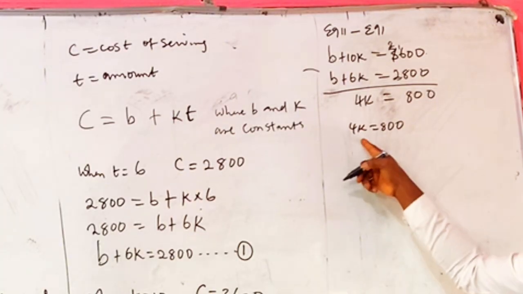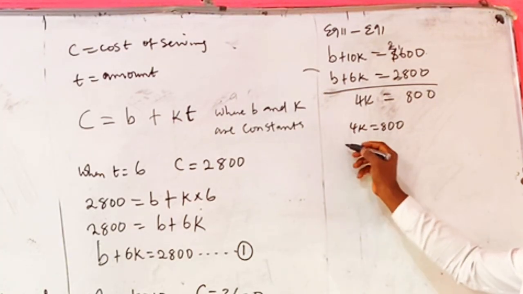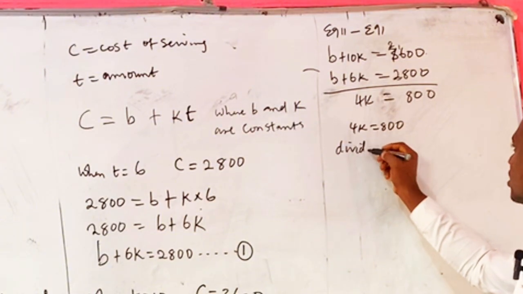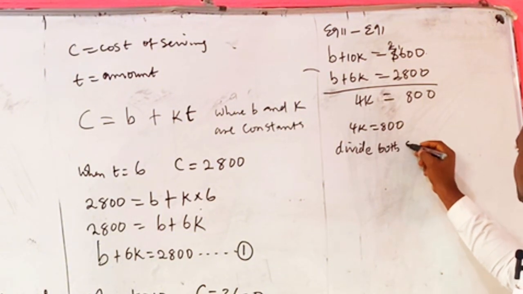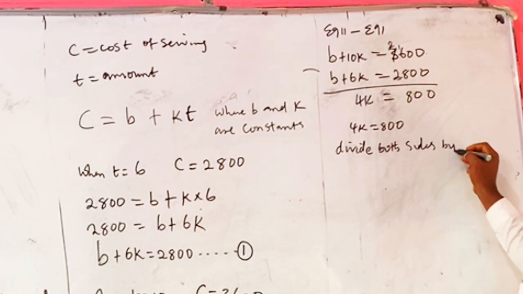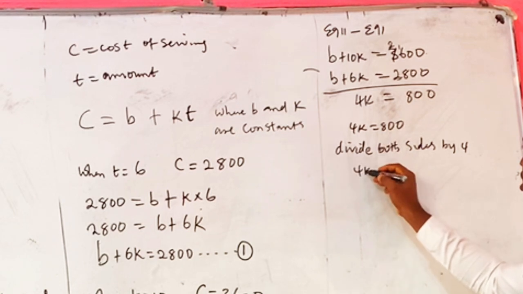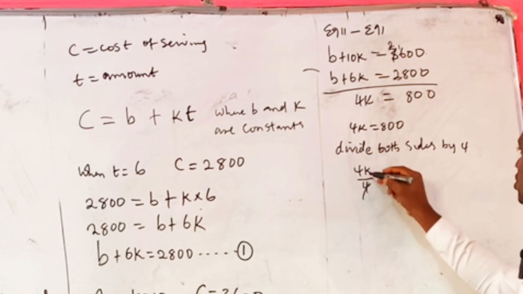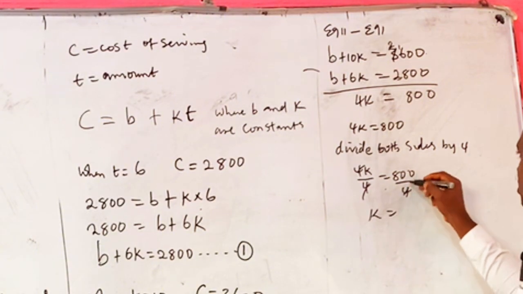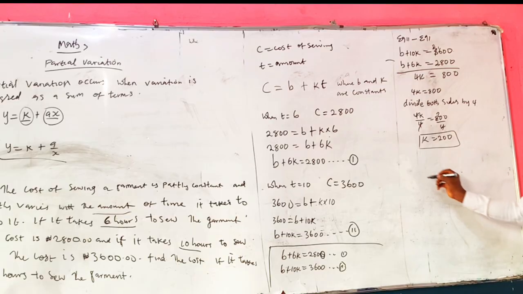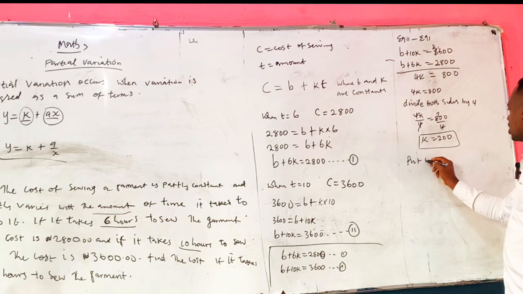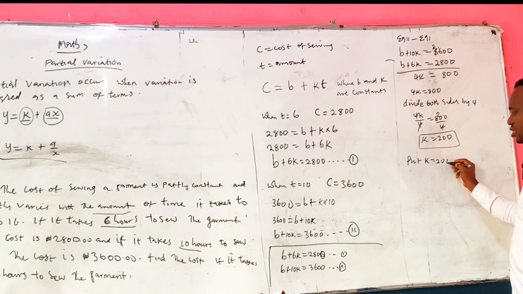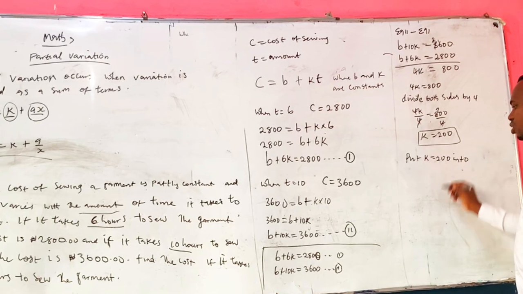Right here now, we divide both sides by 4. So 4K all over 4 is equal to 800 over 4. So K becomes 200.